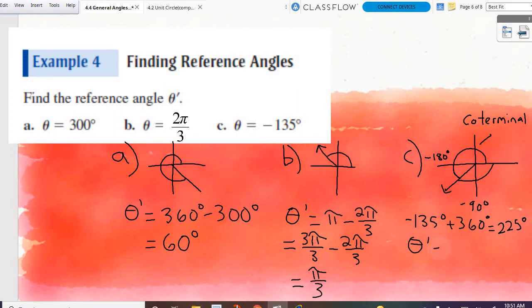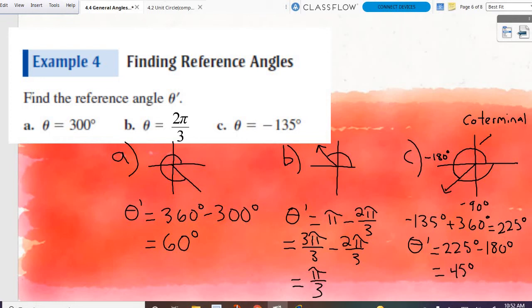What would we do? 225 minus 180 equals 45. Would there have been a shortcut? Just like subtracting 135, and not negative 180, but 180.